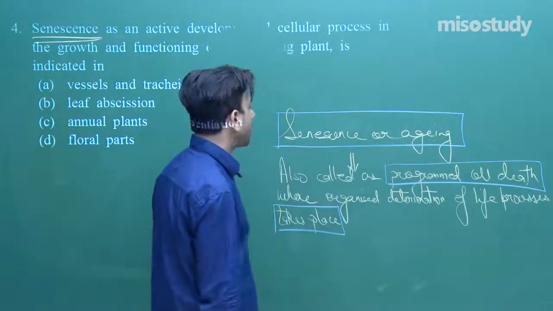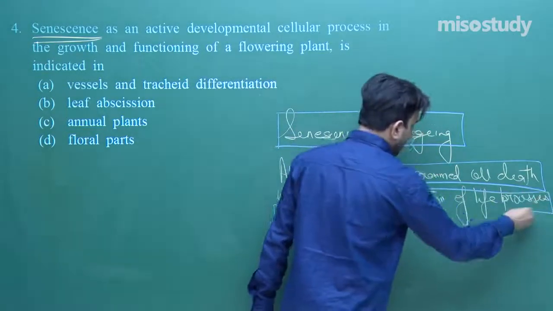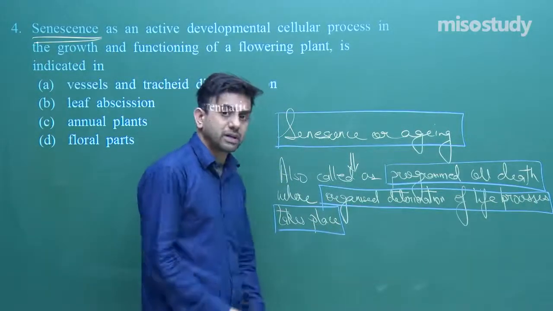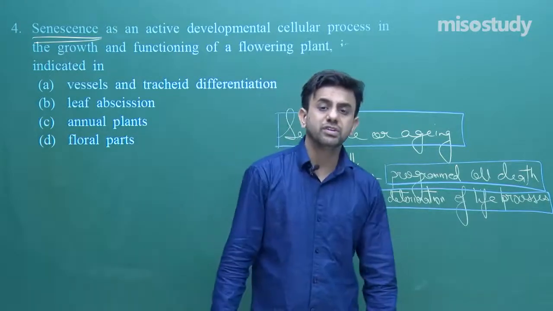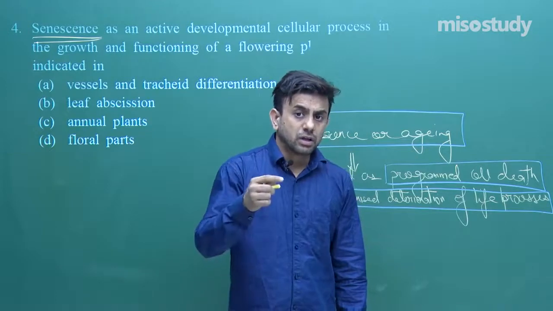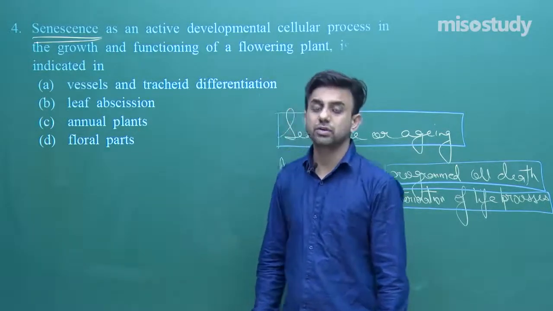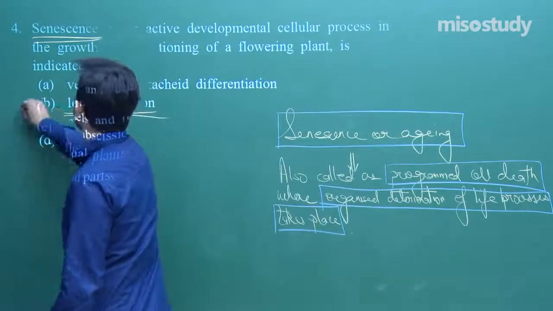Right? So also called programmed cell death, where organized deterioration of life processes takes place. And what will we see here? That yes, leaf abscission is one of the aspects, or one of the constituents of senescence or aging, right?